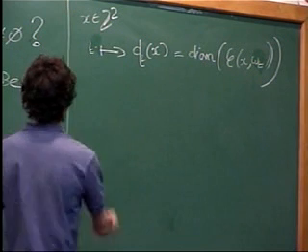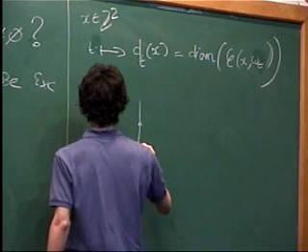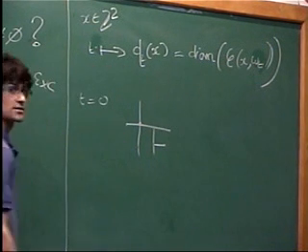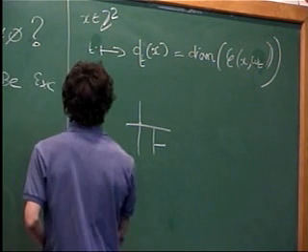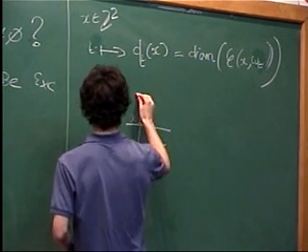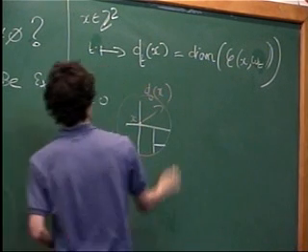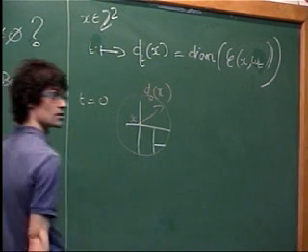So at time 0, maybe the connected component is like this. So if that's x, d_0 of x is this radius. And then let the dynamics evolve.